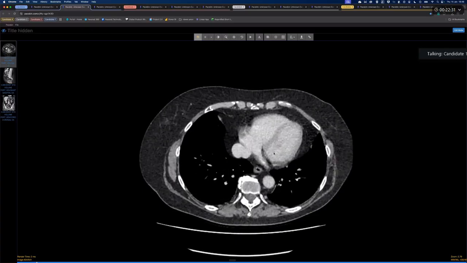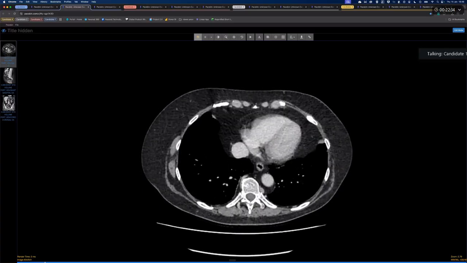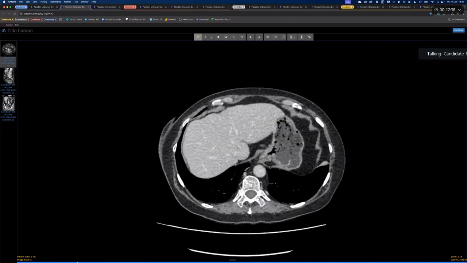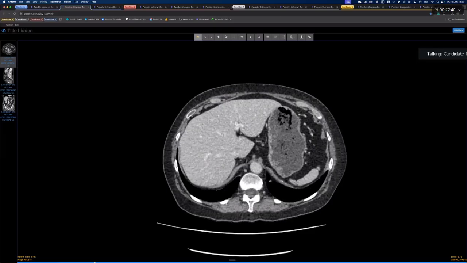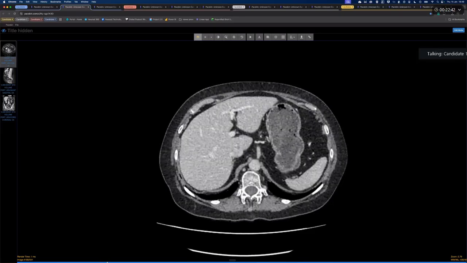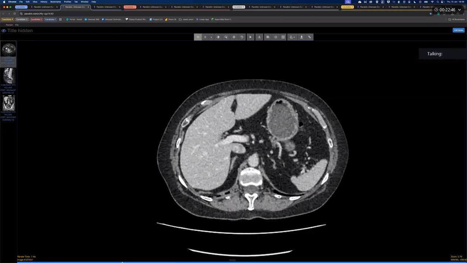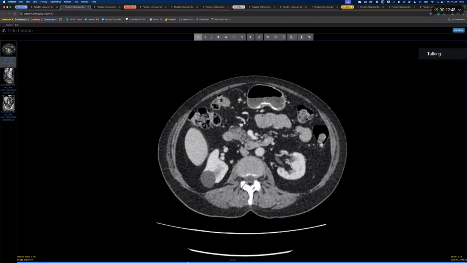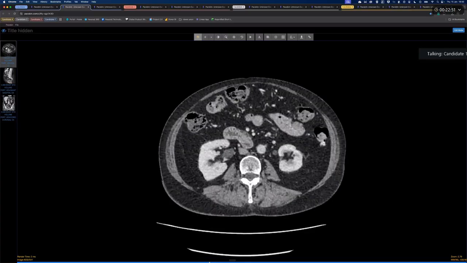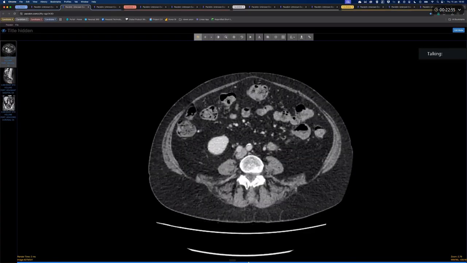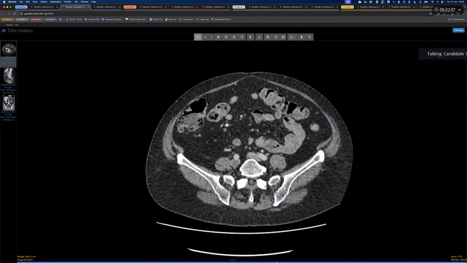Okay. So I'm presented with a CT scan of the abdomen and the pelvis for a patient presenting with abdominal pain. I would like to have a general look before conveying my findings. The study is done with IV contrast.